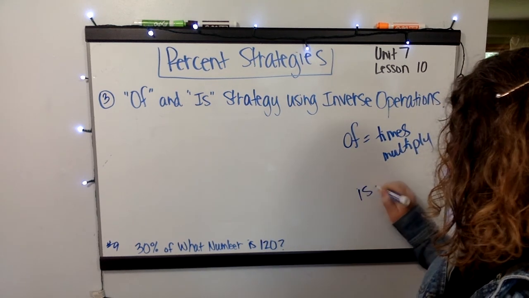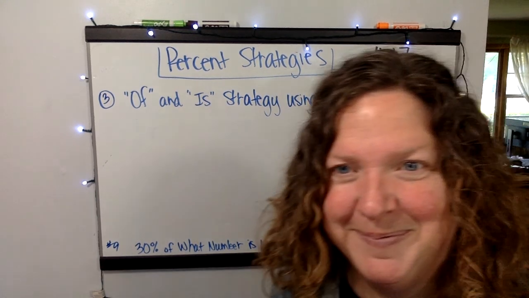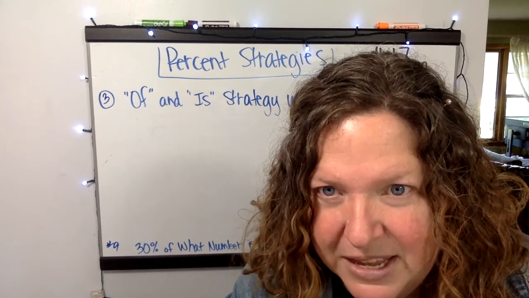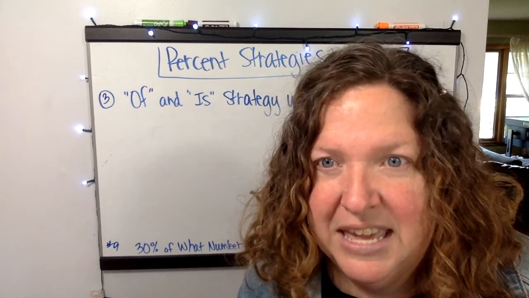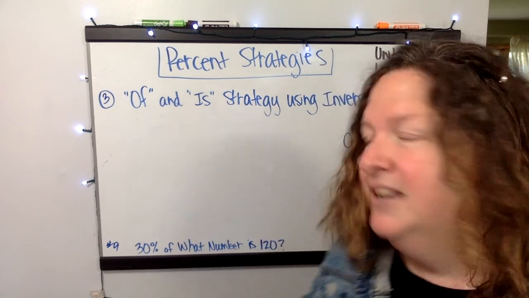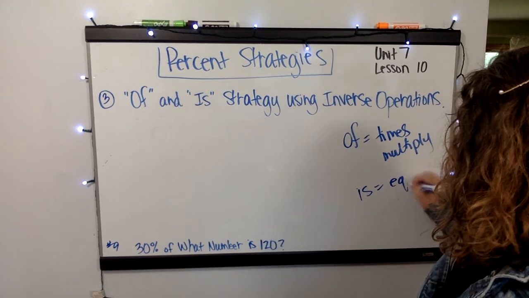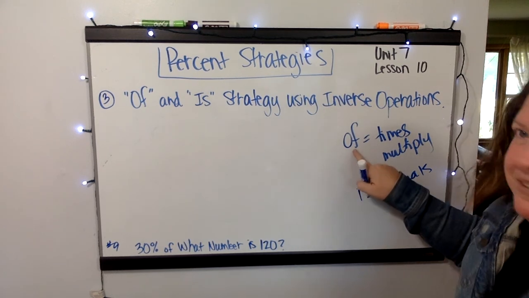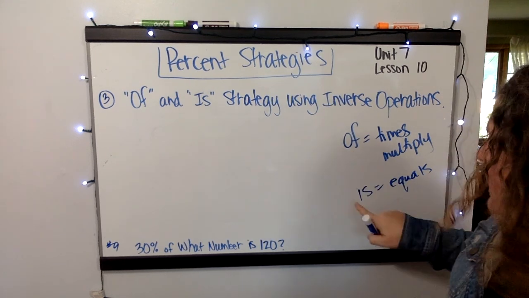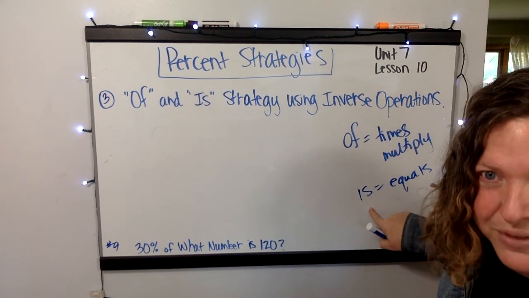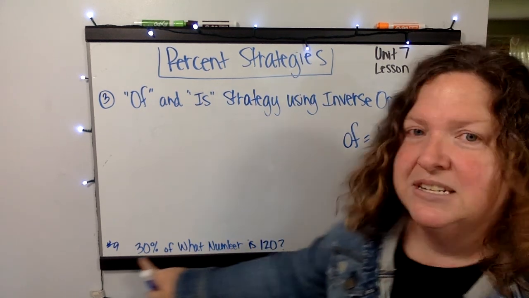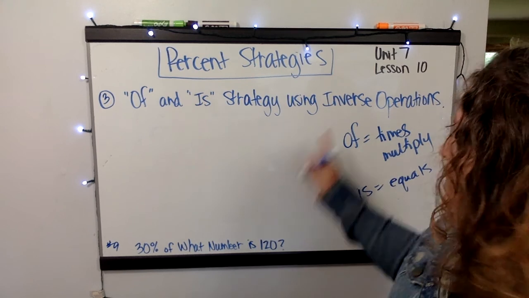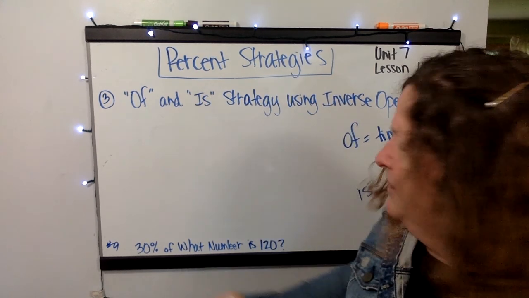Is. What does is mean? Equals. If I say 5 plus 2 is 7, I mean equals. So by using of to mean multiplication and is to mean equals, we can write a number sentence right out of the problem. And that helps us get started solving it. And we're going to use inverse operations to solve it.